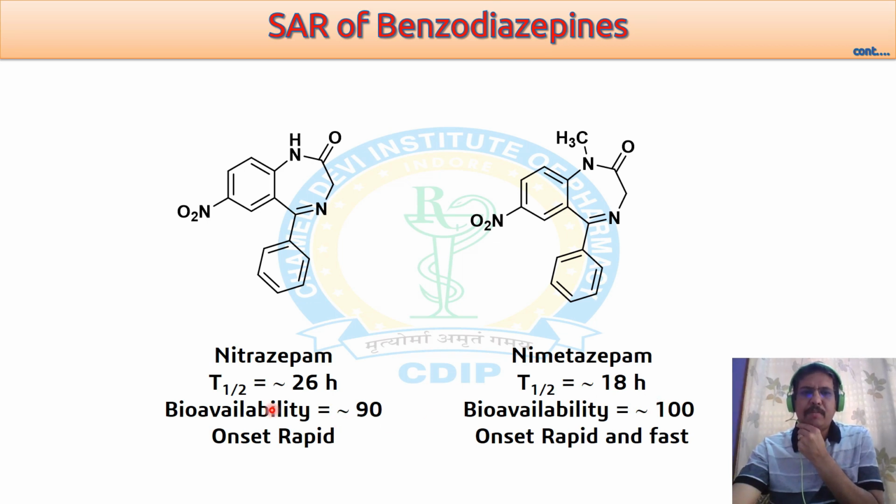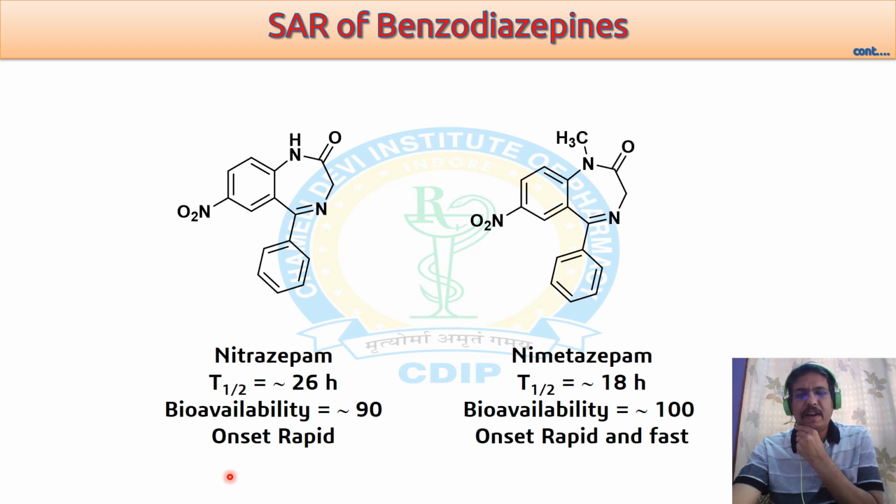And if you look at the bioavailability, the unsubstituted compound has somewhat low bioavailability. But if you look at methyl, ultimately the non-polar area increases, and by virtue of that it might facilitate the transportation of this compound, and that's why the bioavailability increases up to 100% or approximately 100%.